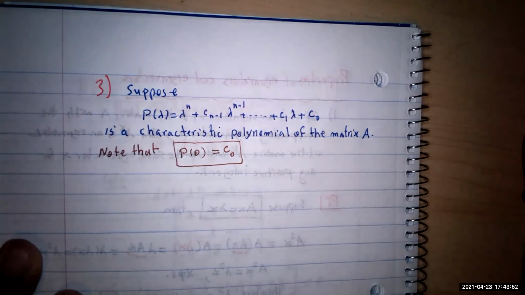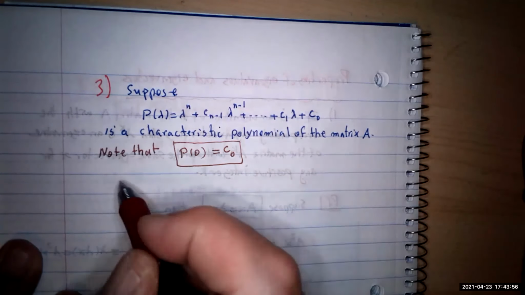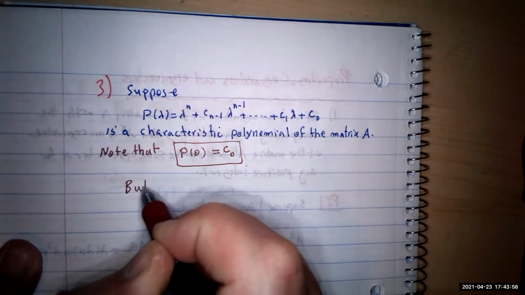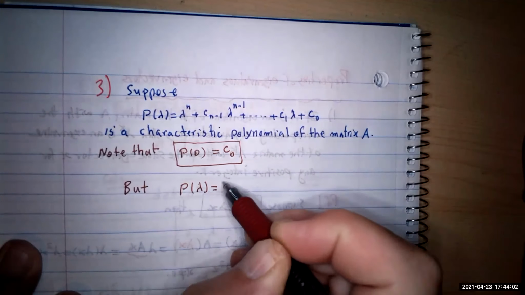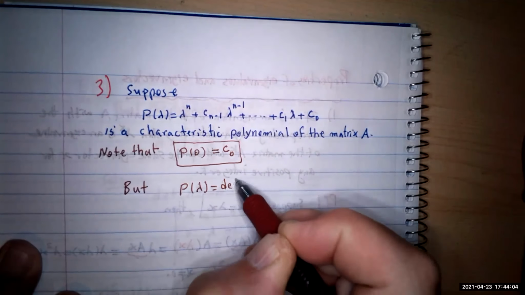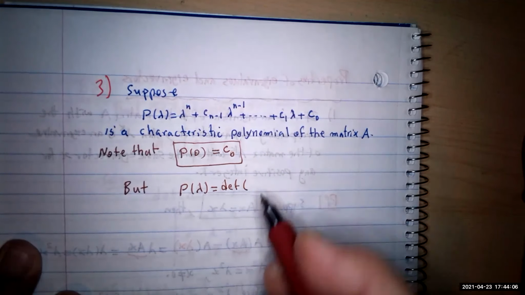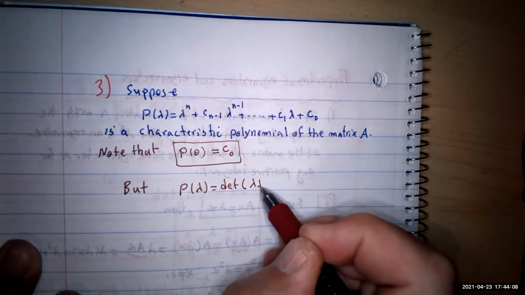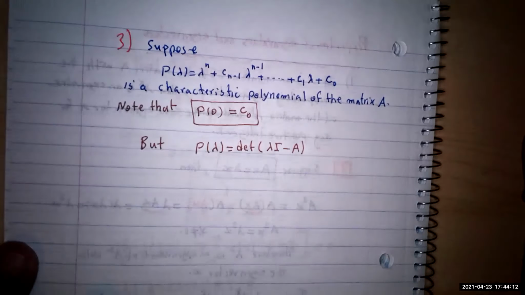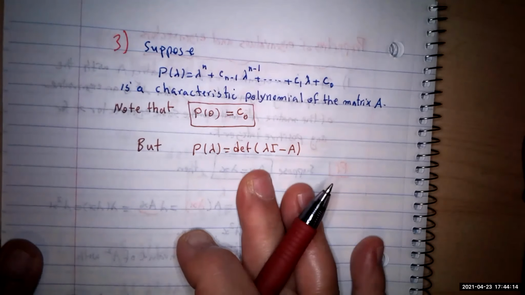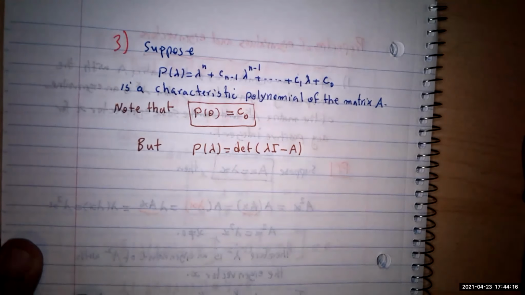But we have another definition of this. How do we get P of lambda? Remember, P of lambda is the determinant of lambda I minus A. That was the definition. When you expand this determinant, that gives you the polynomial.